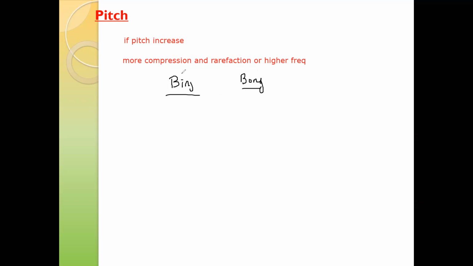Practically, when you detect the number of vibrations, bing will produce more vibration compared to bong. When you're saying bong, you're not producing many vibrations. So the word bing is relatively high frequency. And to pronounce the word bong, you use less vibration, or low pitch.